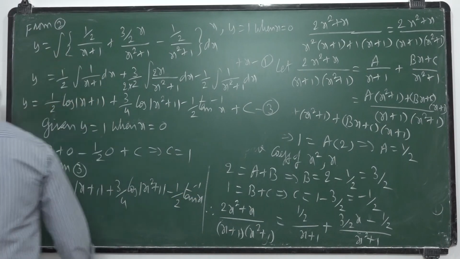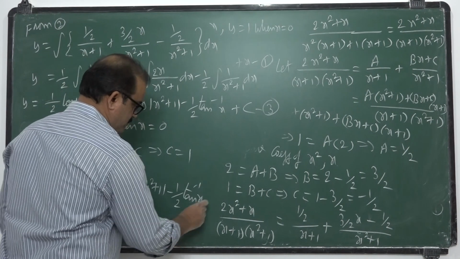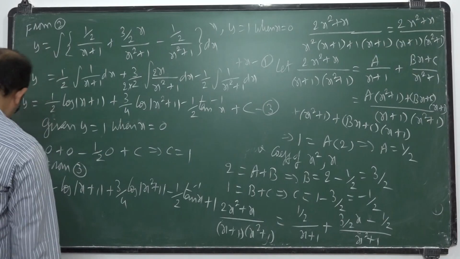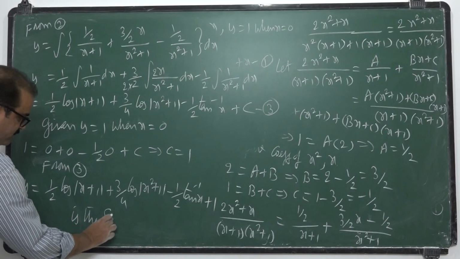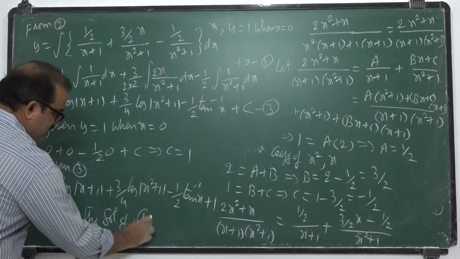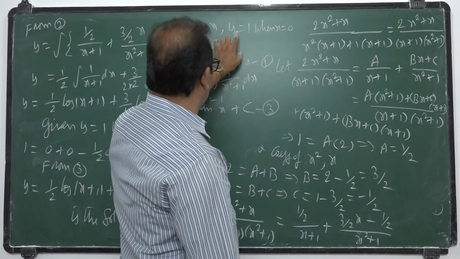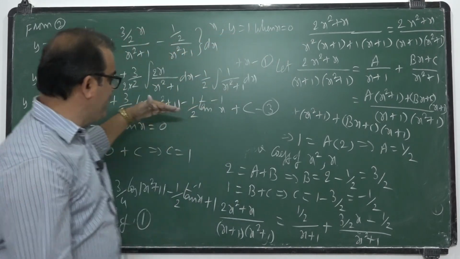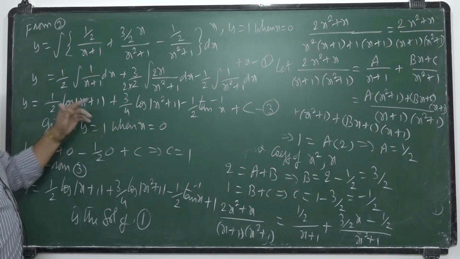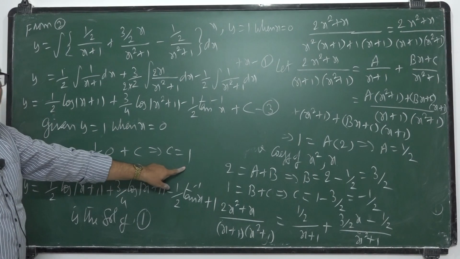What is the c value? C is 1, plus 1. So this is the solution of the given equation 1. See, in any problem, when the x value and y value are given, after finding the solution, you substitute the x value and y value and find the constant value c.